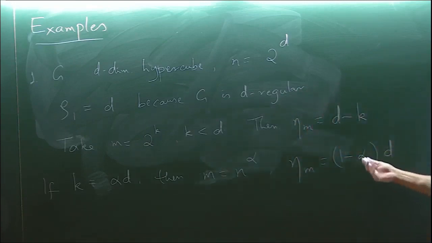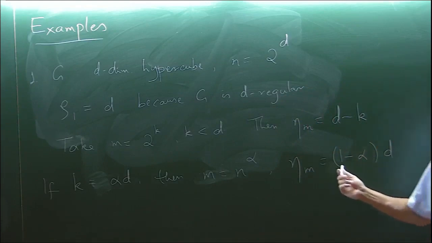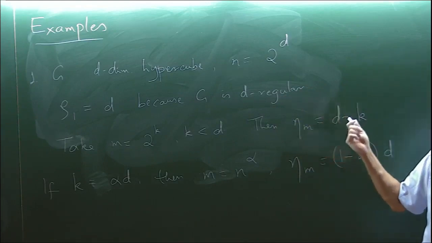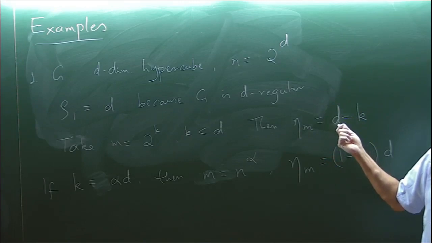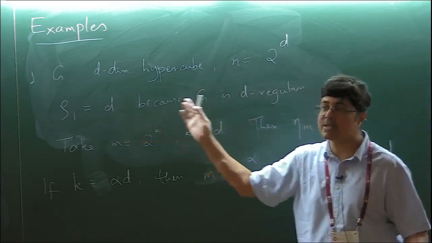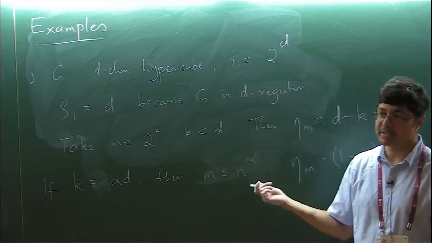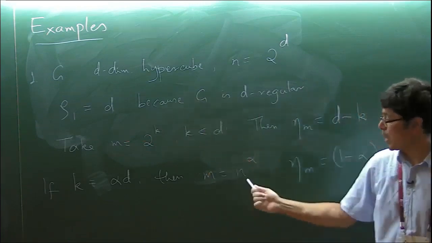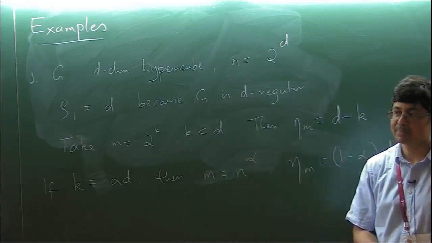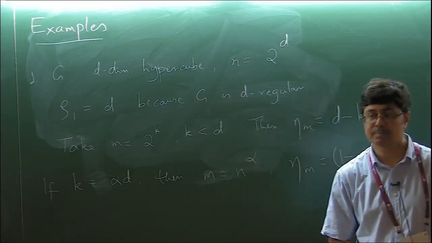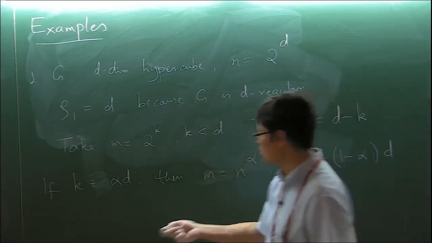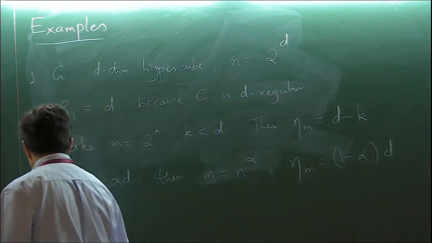So you can pick alpha to be some small constant, then eta m is close to d, and rho 1 is d, so these two are close to each other, and you get this sharp transition from logarithmic to exponential in n to the alpha lifetimes. So you have a sharp transition here.